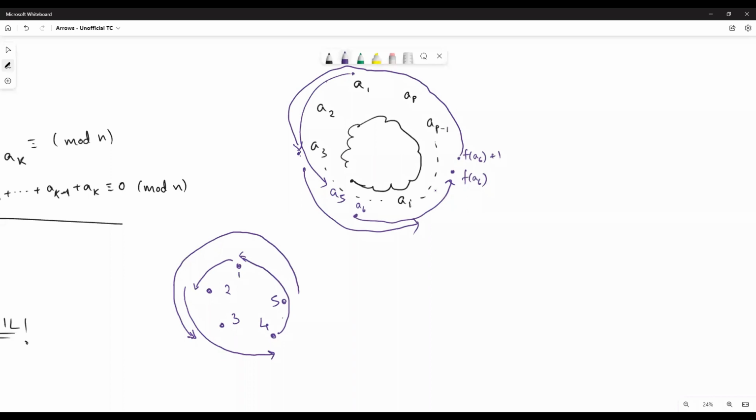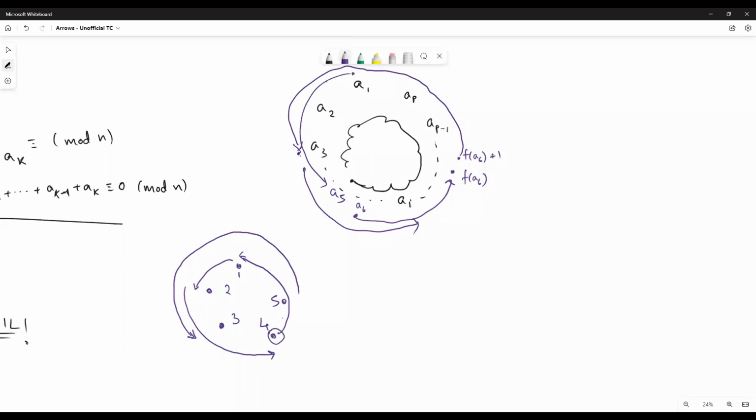So starting at 4, we're already done, right? Because we went from 1 to 2, we went from 2 to 4, we went from 4 to 1. Sorry, 2 to 4, then from 5 to 3, but 3 is before 4.